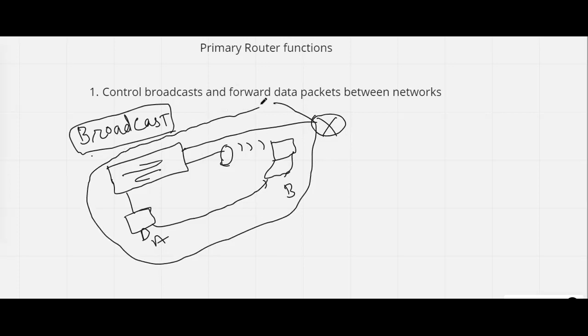It controls the broadcast and lets you out of your network. It means that if you want to access the internet, you can get that internet through the router only. Because the router knows how to reach any specific IP address.